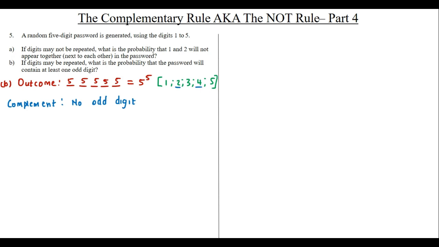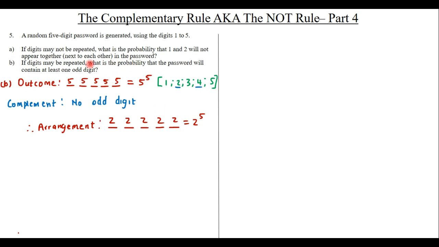So if I want to do the arrangement of the ones that are not odd digits, it will be 1 2 3 4 5, which means here I have two options, 2 and 4, so I have 2 2 2 2 and 2. Notice that here I get 2 to the power 5. Now do you see how easy this is?